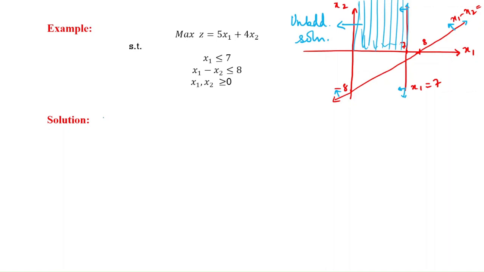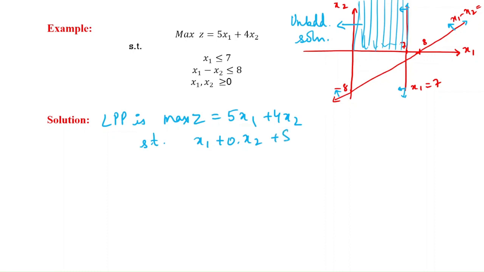So here I can write my linear programming problem in the standard form as maximize z equals 5x1 plus 4x2 subject to the constraints: x1 plus 0x2 plus s1 equal to 7, and then x1 minus x2 plus s2 equal to 8, with 0 cost.